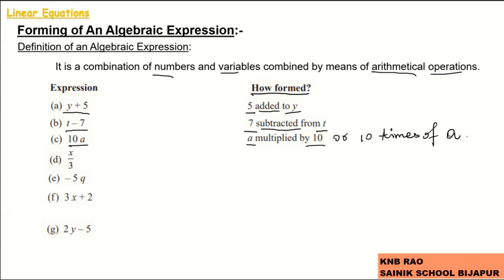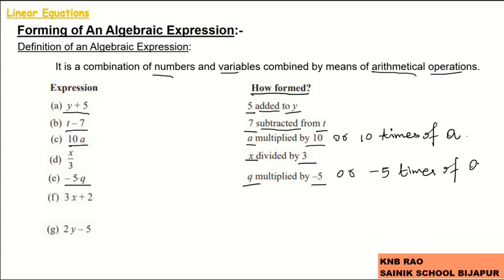Coming to the fourth one, x by 3, we can say that x is divided by 3. So x is divided by 3 is an appropriate way of telling. This minus 5q can be said as q multiplied by minus 5 or minus 5 times q.